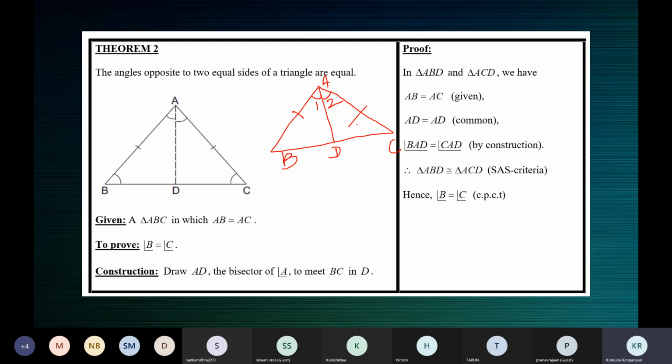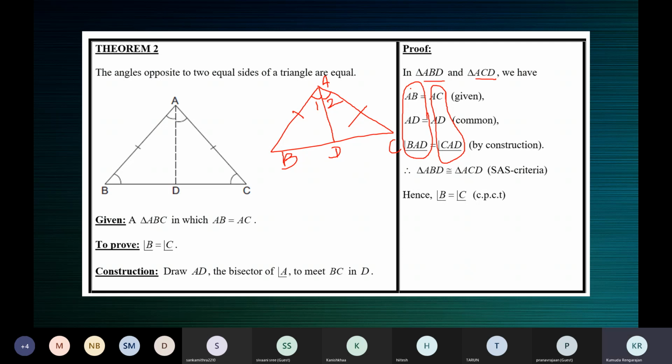So now we have two triangles. Take up the two triangles: triangle ABD is the first triangle, and the other is triangle ACD. All that you mention on the left should be about the first triangle, and all that you mention on the right should be about the second triangle, with an equal to sign in the middle.